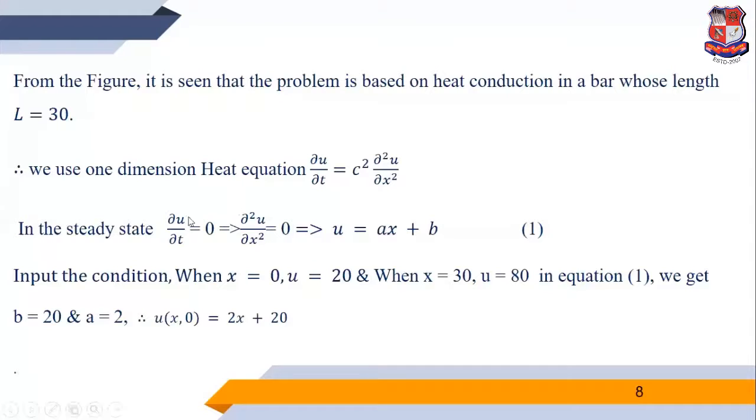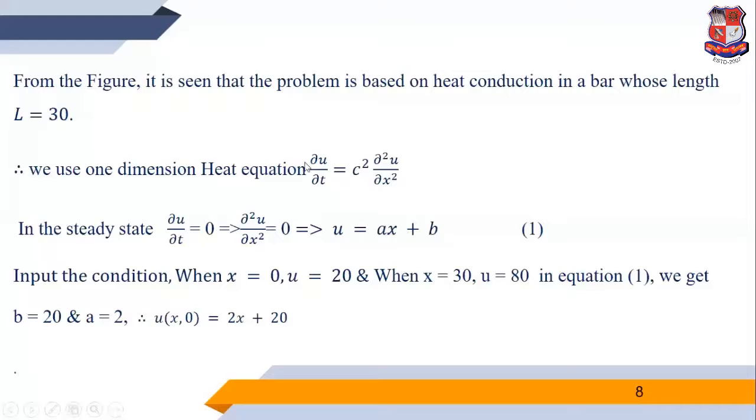So therefore ∂u/∂t is equal to 0. So we can say c² ∂²u/∂x² is also 0, so ∂²u/∂x² is 0. That implies, integrating two times, we get u is equal to Ax plus B.